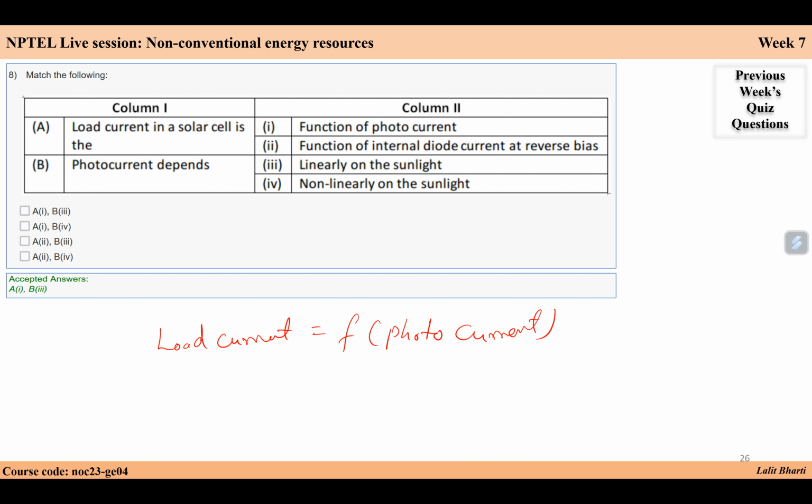So photo current is what you are getting from your solar cell, and this is the representation of photo current.